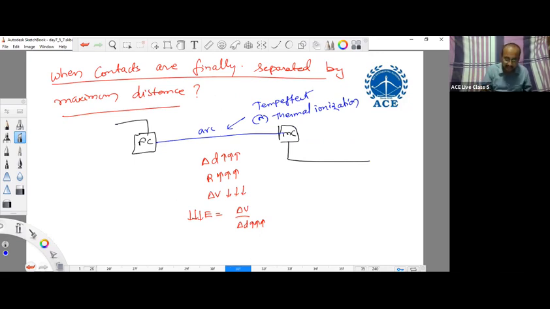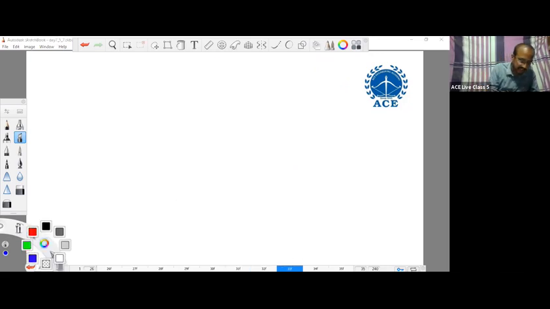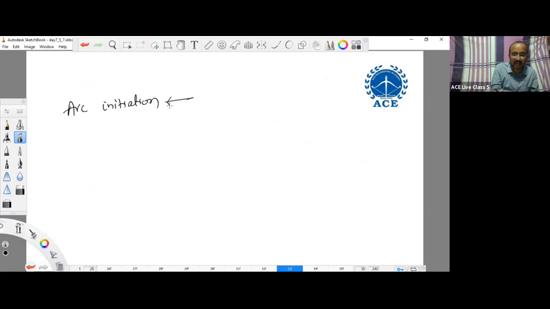So why is the arc forming? Arc initiation is due to high electric field intensity, or field ionization.